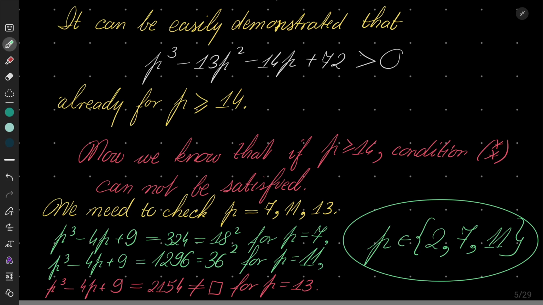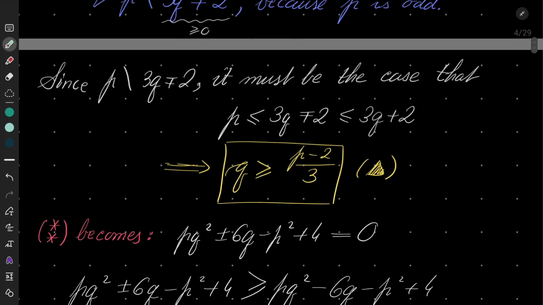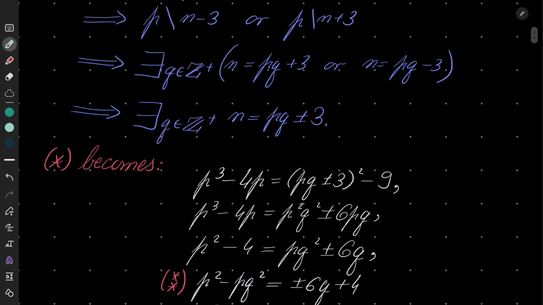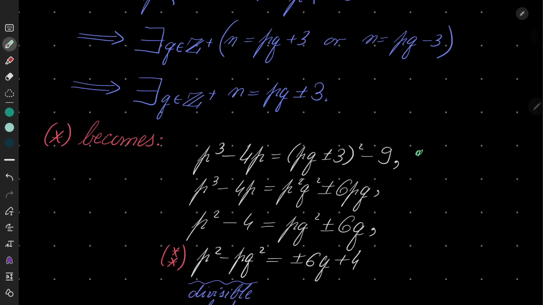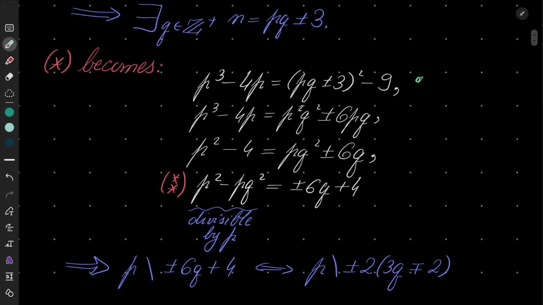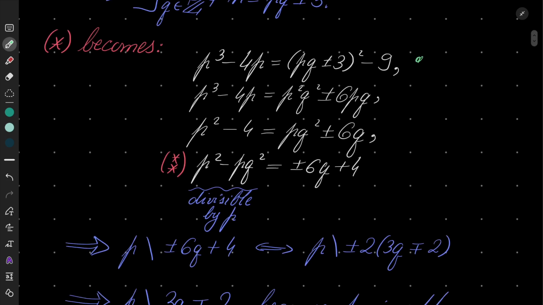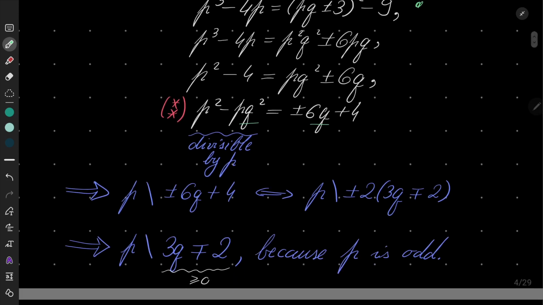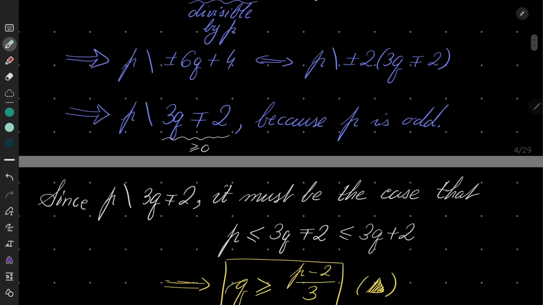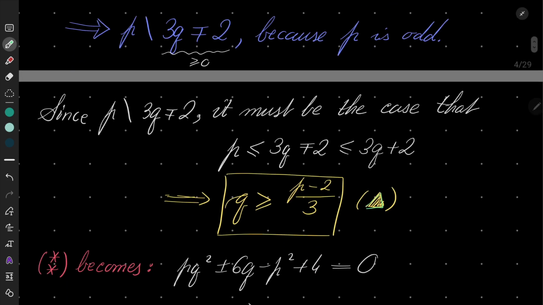Plug it in our equation, as I did in this step here. Then try to simplify this equation and try to find a lower or upper bound on the quotient, on q, as I did here, which I marked with a triangle. And then try estimating the expression.